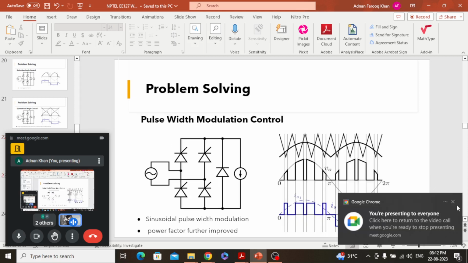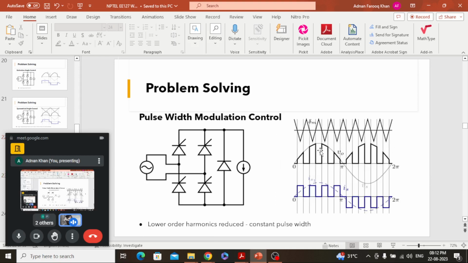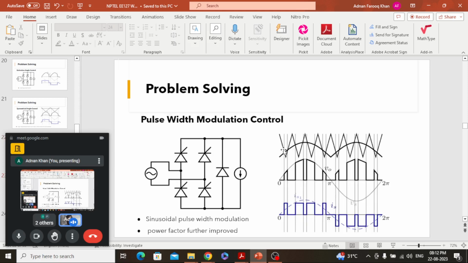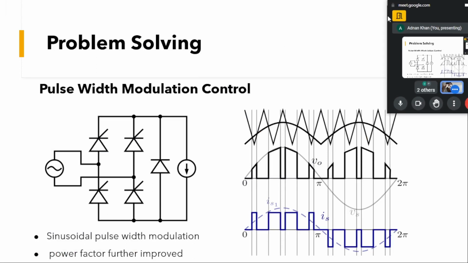Now there is another thing. Here we had a modulation signal that was constant. Now if we have a modulation signal that is sinusoidal, instead of a constant modulation signal, we will be varying our modulating signal in a sinusoidal fashion.